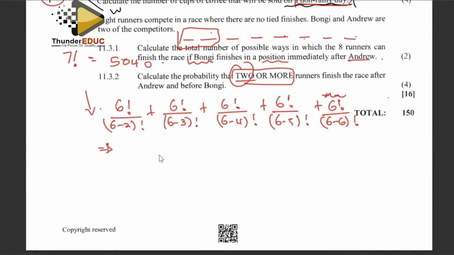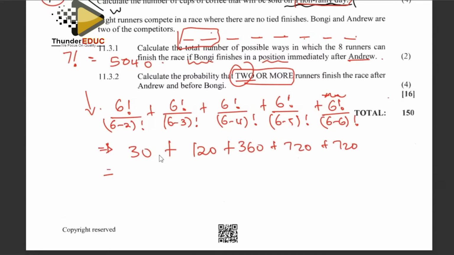So 6 factorial, okay, we said it's 720. So meaning that 720 divided by 4 factorial, that gives me 30, plus when I divide by 3 factorial, it's 120, plus when I divide by 2 factorial, it's going to be 360, and then 1 factorial is going to be 720, and then that will also be 720.